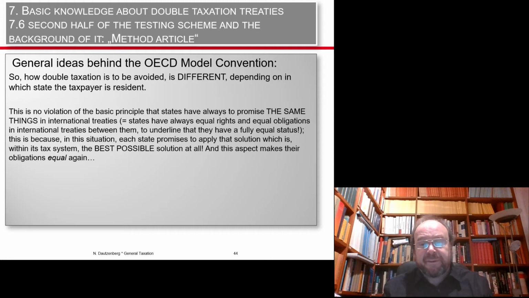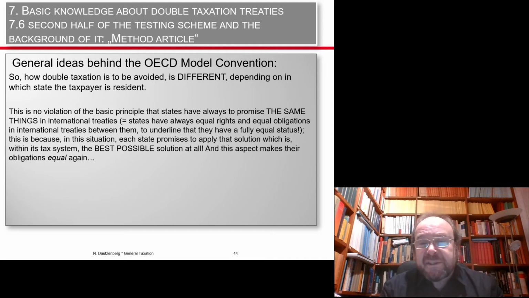How could you solve that? There is a very diplomatic solution. The idea is both contracting states, so Germany and the UK, just promise to deal with the rights of the resident state, the avoidance of double taxation, in the best possible way which can be imagined under their system in that concrete case.